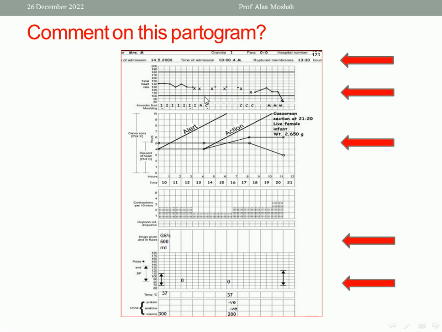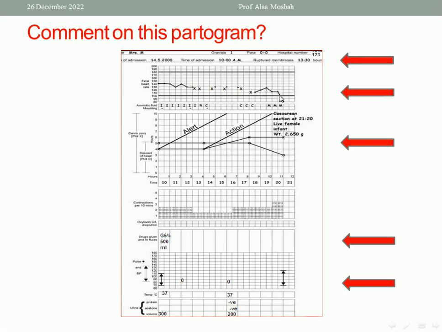This lower line is at 100 beats per minute, while the upper one is at 160 per minute. Exceeding these parameters, or 180, means either fetal tachycardia or fetal bradycardia, denoting fetal distress.